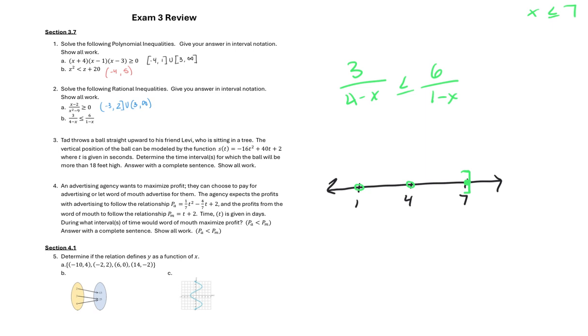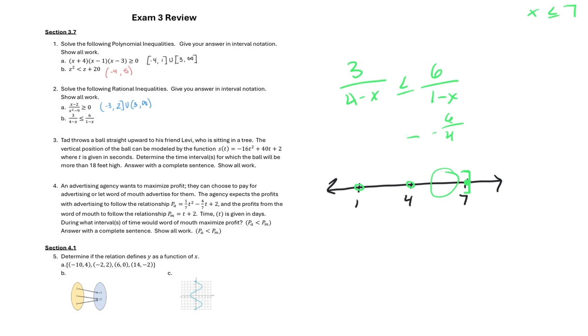So we'll have 3 over negative 1, which is just negative 3. And then if we have 5 in this fraction here, we're going to have 1 minus 5, which is negative 4. So we're going to have 6 over negative 4. And if we put 6 over 4 into our calculator, we get 1.5. So we know that negative 3 is smaller than negative 1.5. So this section here works for us.